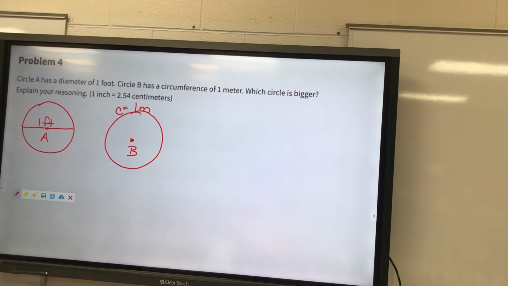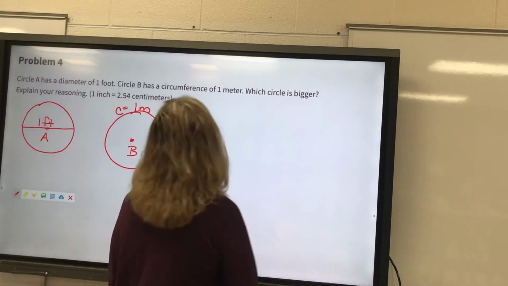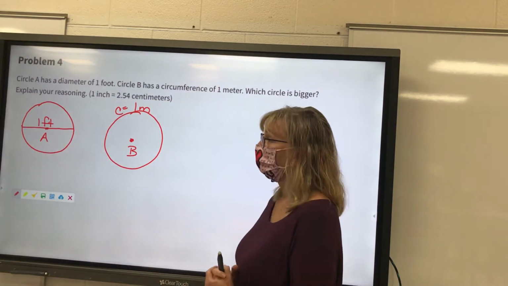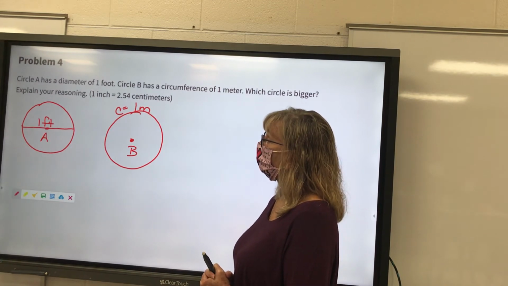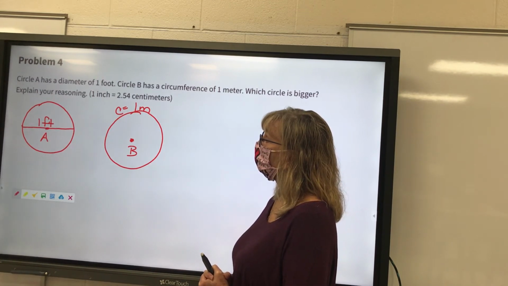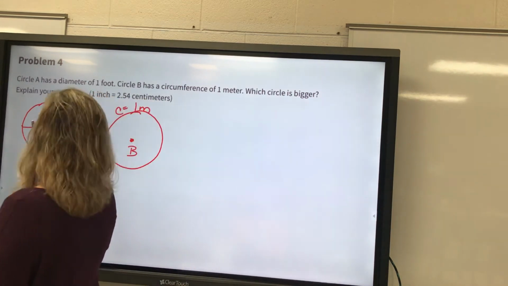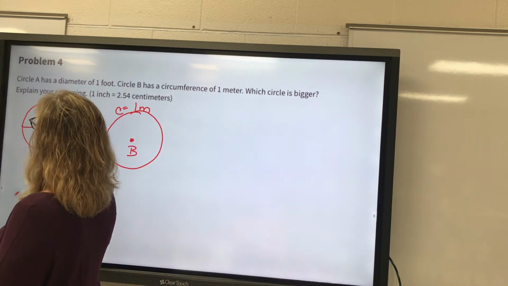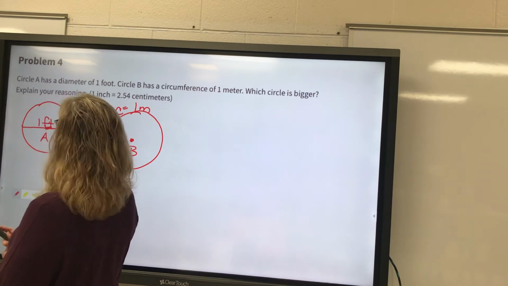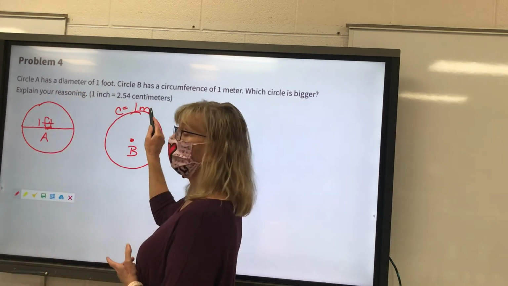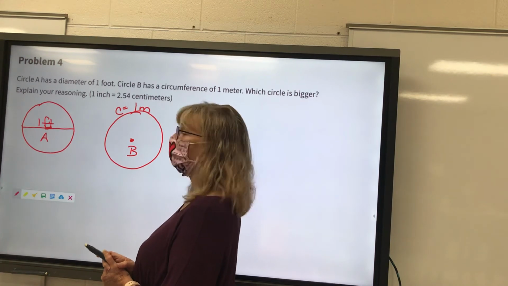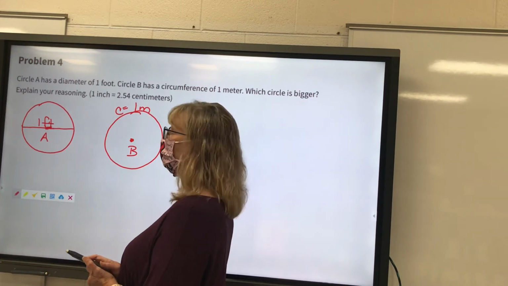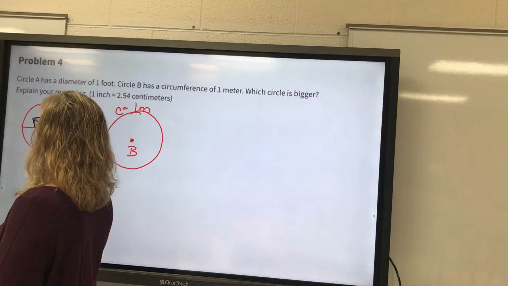So circle A is bigger because it gives us the diameter, which means it's 1 times 3.14, and it gives us 3.14. And it's up against 1. Oh, but this is 1 foot, and this is 1 meter. Wouldn't the 3.14 make it to where the circumference is 3 feet and like 14 inches, making it 4 foot?